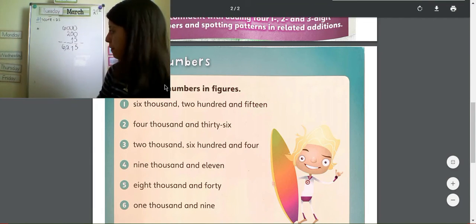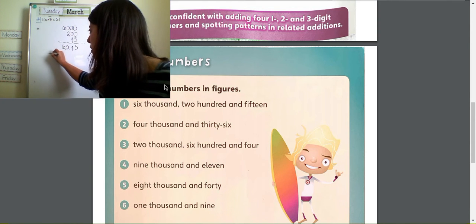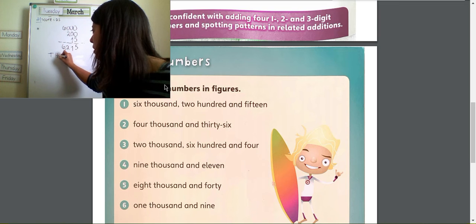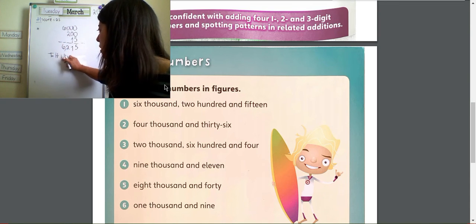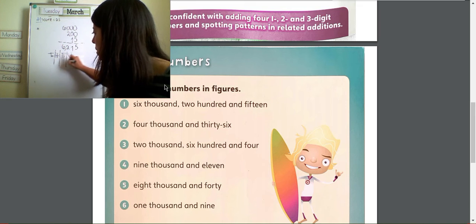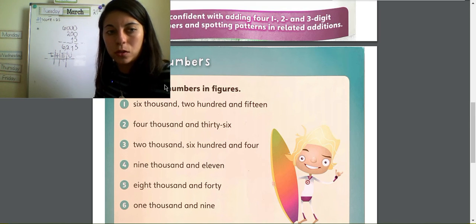It says 4,000. So I have thousands, hundreds, tens, units. How many thousands do I have in the next exercise?